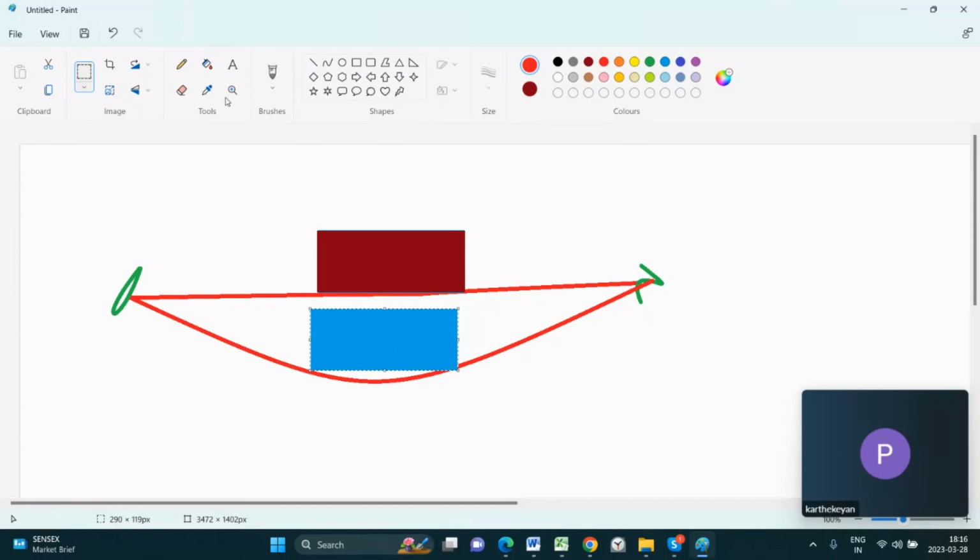Is this correct? Is this the correct method?